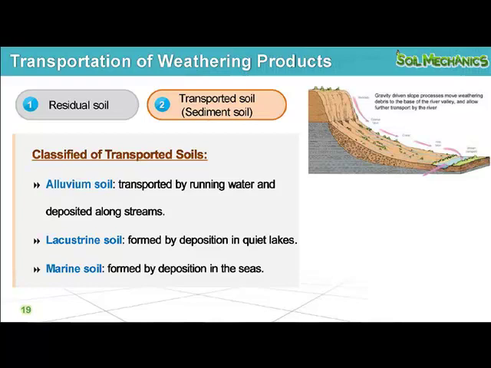A quiet lake refers to a lake where the water does not move or flow. Another one is marine soil, also a type of transported soil, formed by deposition in the sea.